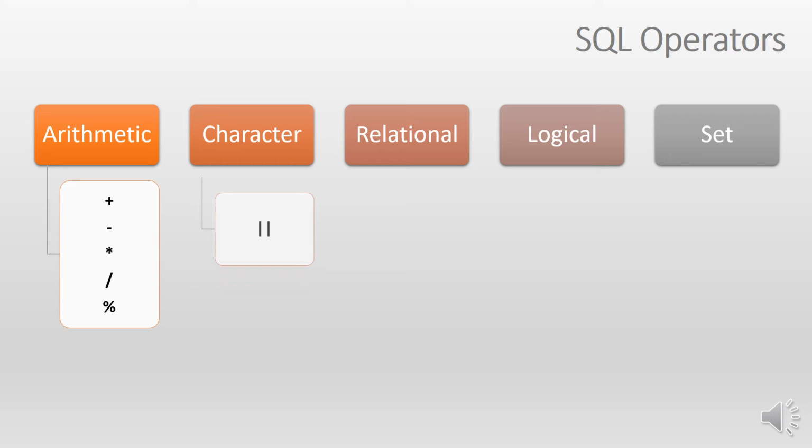Character operator provides double vertical bar symbol, which is used to concatenate given string values. Relational operators are used to compare values. The operators include equal, not equal, less than, less than or equal, greater than, and greater than or equal.